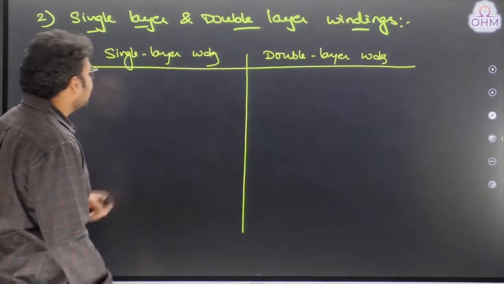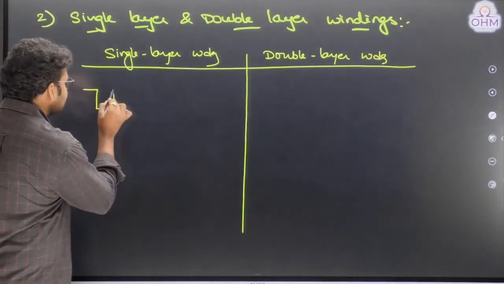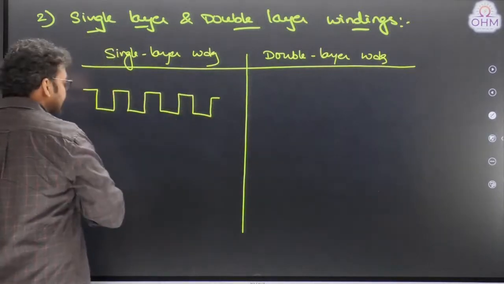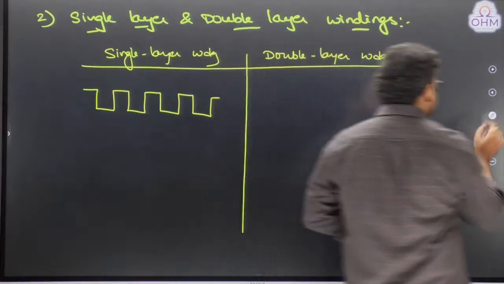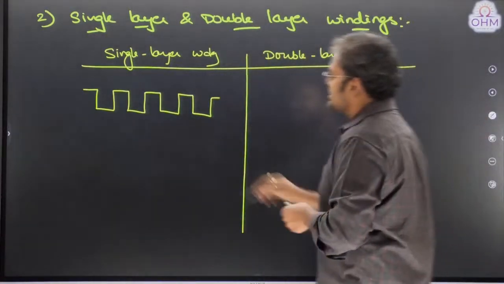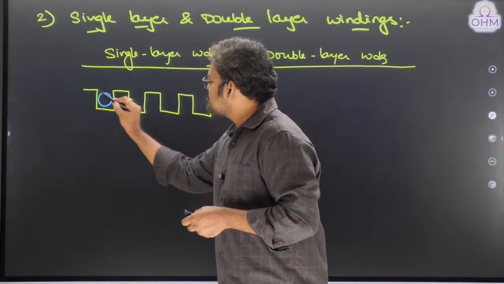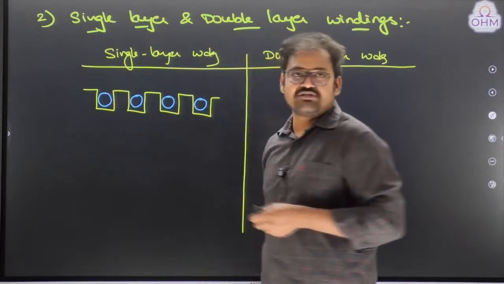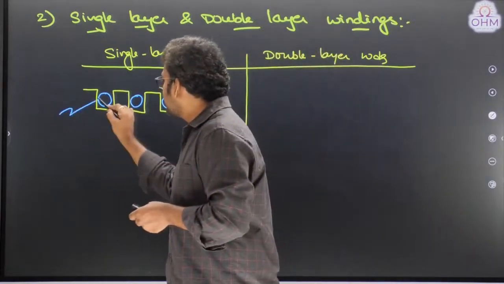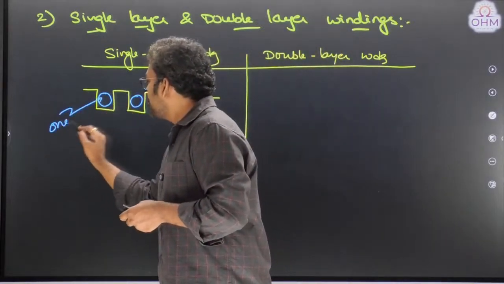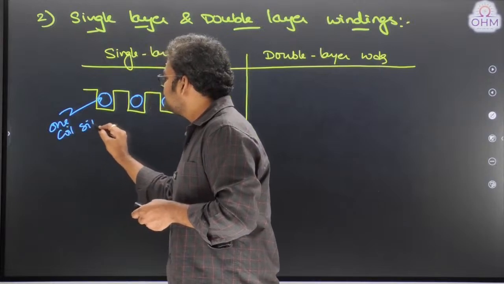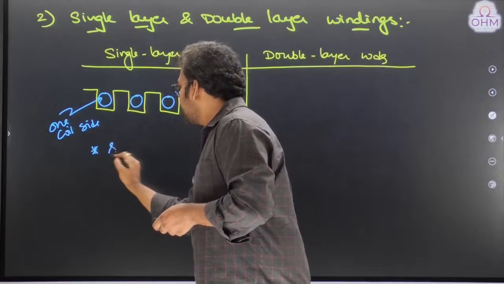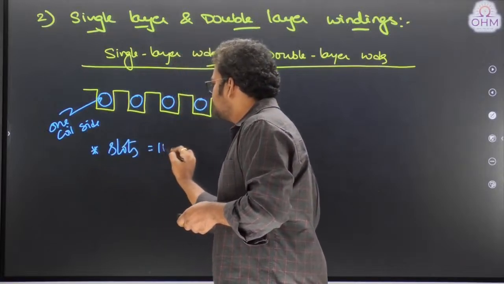Now, in single layer winding, suppose this is the core having some number of slots, and every slot is occupied by one coil side. This is one coil side, second coil side, third coil side, fourth coil side. This circle represents one coil side, not one coil. Suppose the machine has, let us say, a total of 100 slots, just for example.